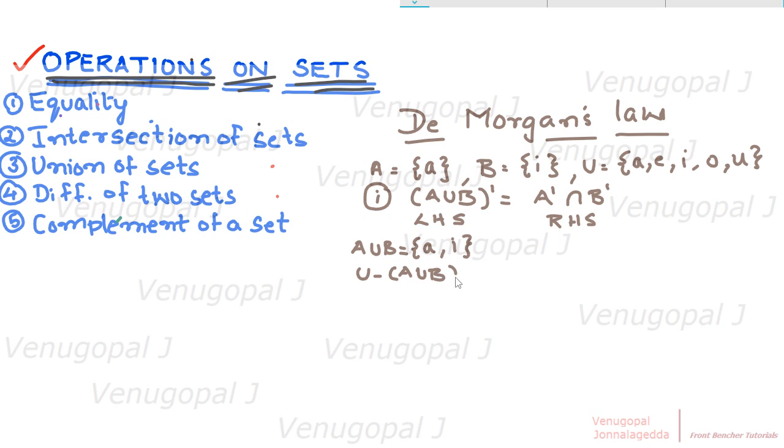So what we do is basically remove the common elements, that is I'll remove A and I and keep the rest of the elements. So what do I get when I remove? I get the complement of A union B is E, O and U, right?